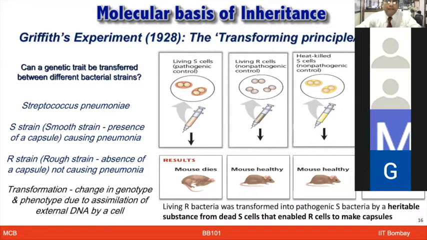Because of that, the R cell became pathogenic and the mouse died. This experiment was done by Griffith in 1928. The phenomenon is known as transformation, a change in genotype and phenotype because of the assimilation of external DNA by a cell. It means the DNA from the external S cell somehow came to the R cell and made it pathogenic.